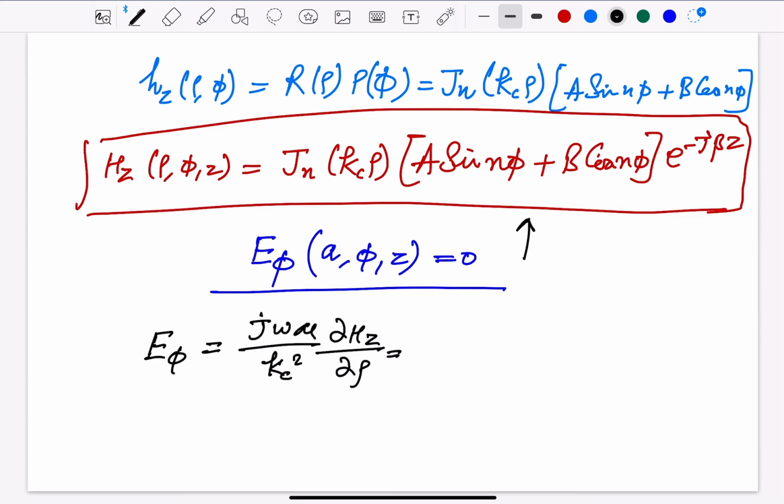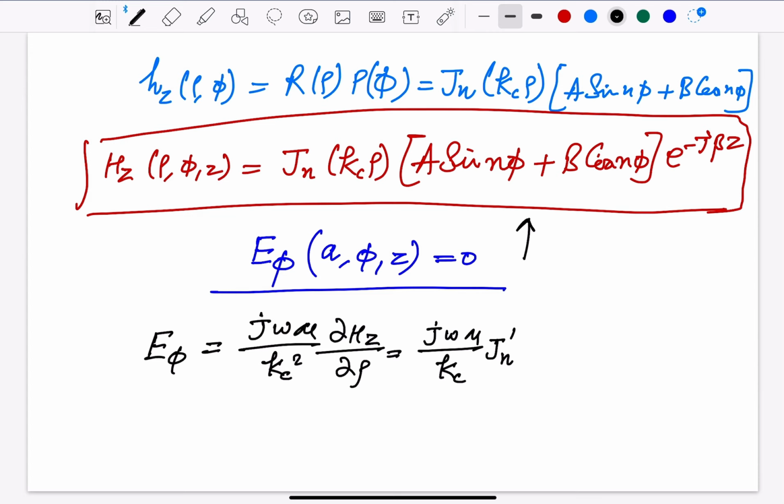When differentiating this one, we are left with j omega mu over kc and Jn dash. Dash means we differentiated with respect to rho, because the argument is like that.